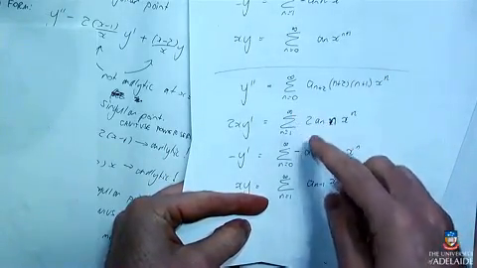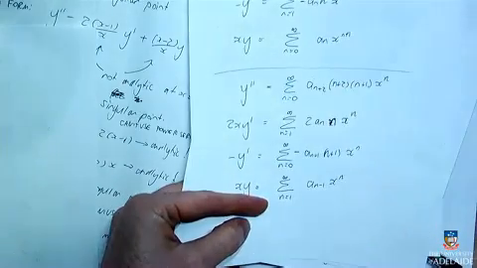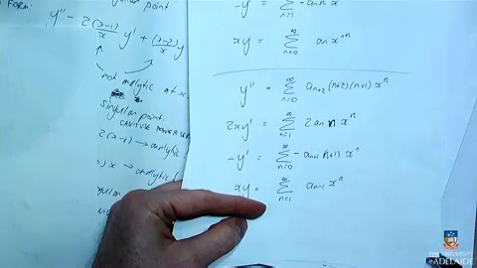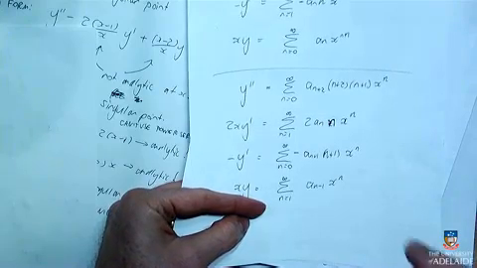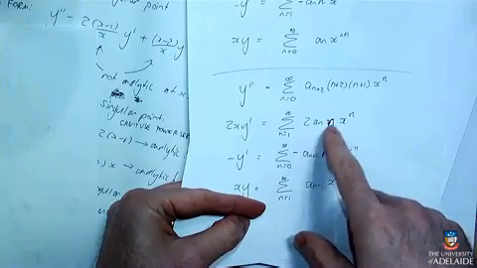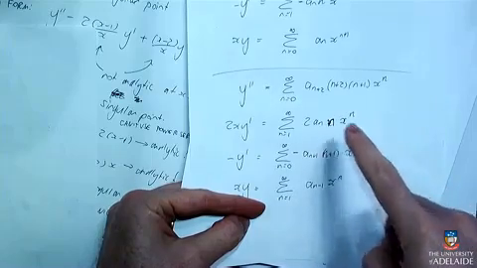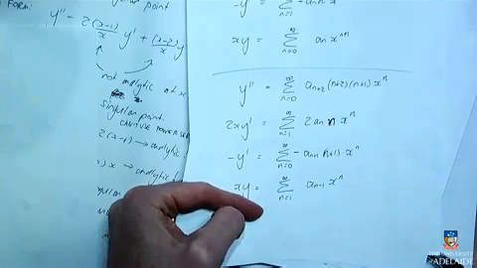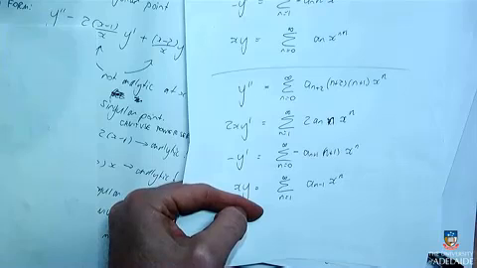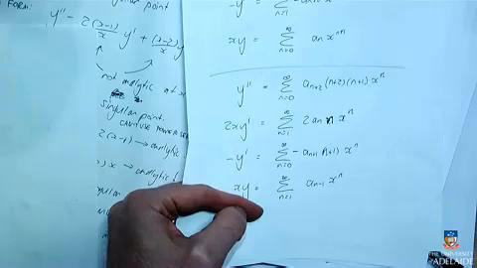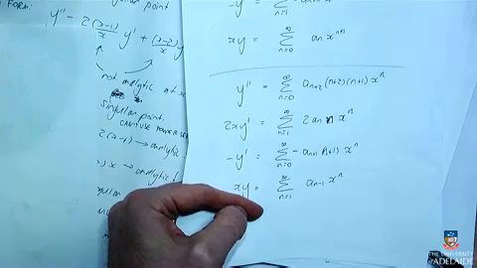If these had all started at, well, actually, these would all end up starting at different places, but if these had all started at 0, then when I subbed it in, I would end up with some of them being 0, like 2a times 0. And that would be fine, but I would actually need to look closely when they came out to 0 and include those separately, because it gives you different sort of information. The recurrence relation is a little bit different when some of the coefficients are 0.